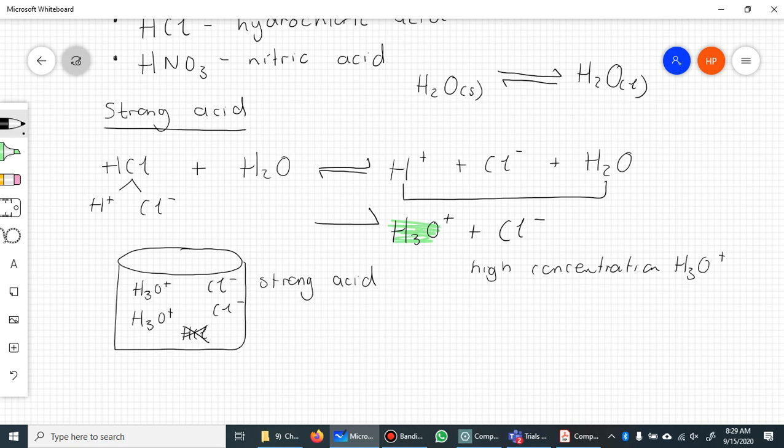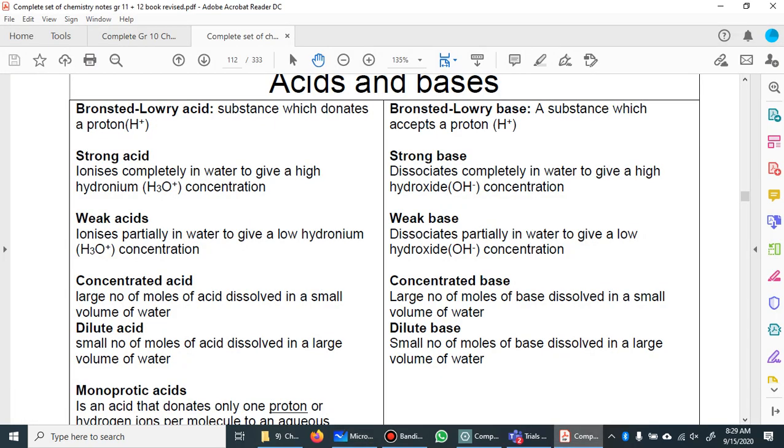Then let's write down the definition of a weak acid. Weak acids ionize partially in water to give a low hydronium concentration. You can write down that definition for a weak acid.